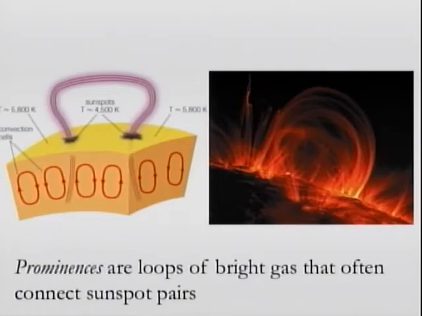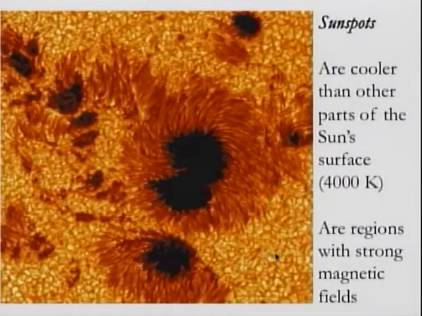If I go back for a minute to the granulation, you see those little grains. It's brighter, hotter in the center, and it's surrounded by a region that is colder. That's the cold gas sinking back in. So the hot gas rises, and it gets colder when it comes up to the surface, and then it sinks again, and it keeps doing that motion.